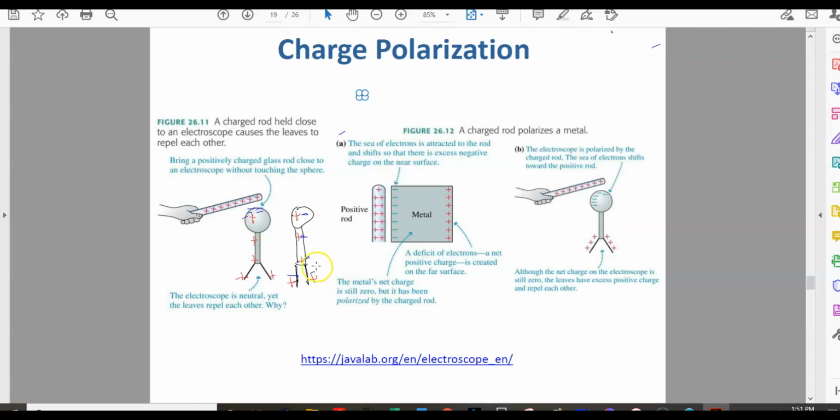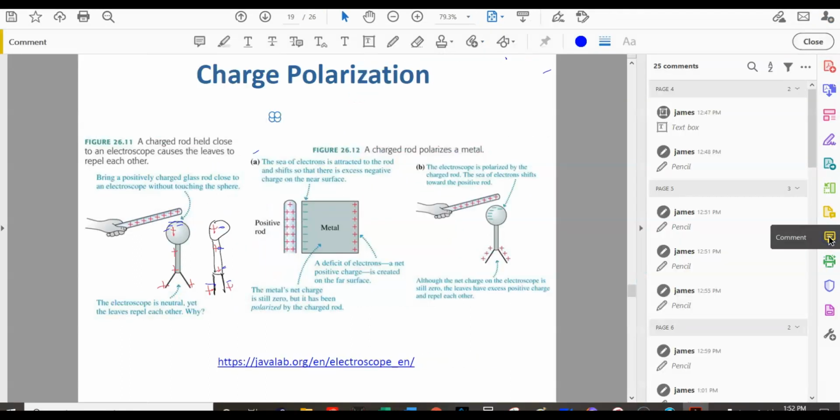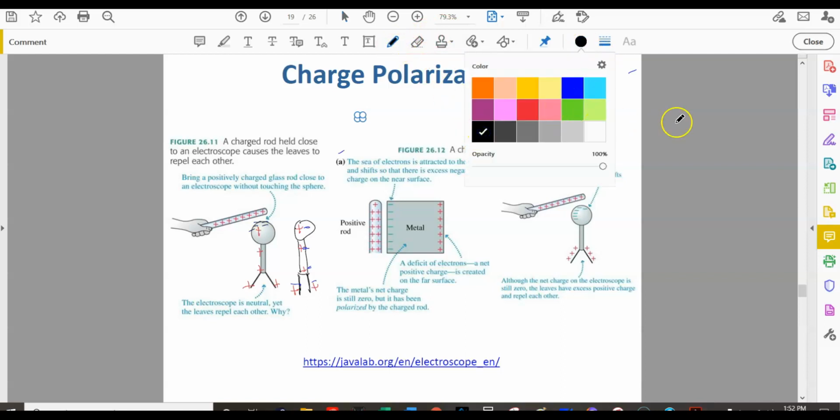And that's how you could use an electroscope to actually measure how much charge is on a charged rod. If the electroscope barely floats up, I'm going to mark this document up. Hold on a second. Again, I'm going to mark the document up, so I'm going to hit comments, and this is going to pop out. I'm going to push it back in by hitting that arrow, and now I could use the pencil.